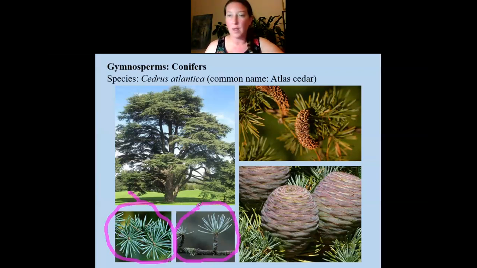I don't go through every single plant in the lab here. And if I don't go through the plant, you don't have to worry about it at all. I go through just a subset of them. Let me just pull it up so I can refer to it.